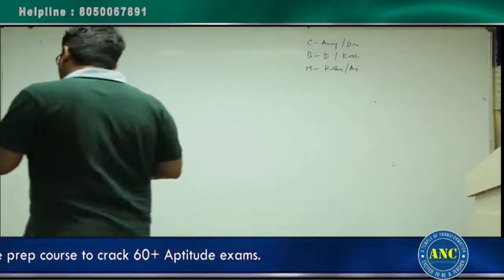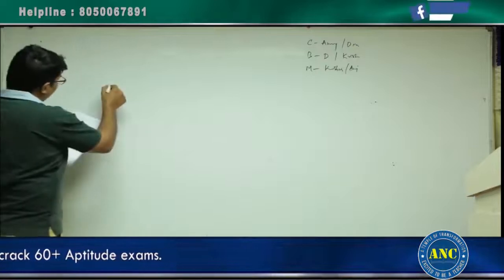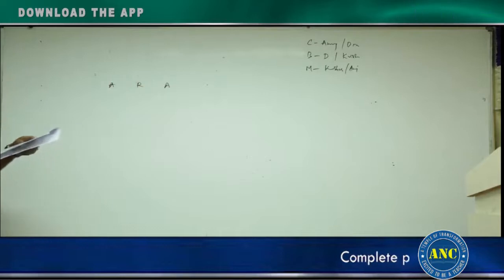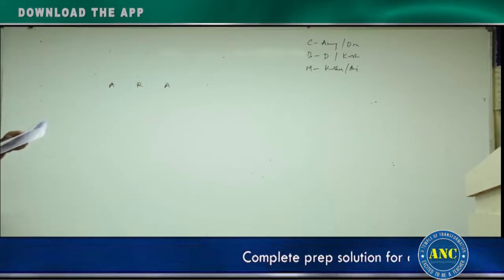Let me help you. There are three friends, Amit, Raja and Albert. Amongst them, there is only one singer.